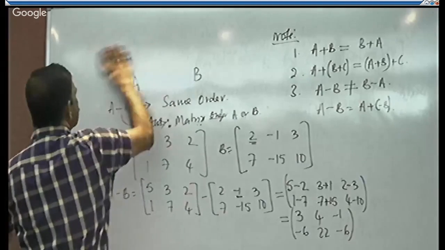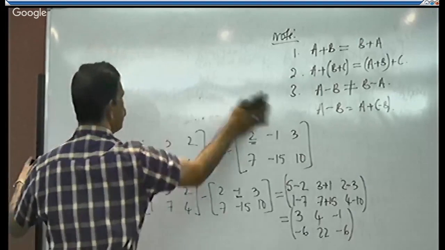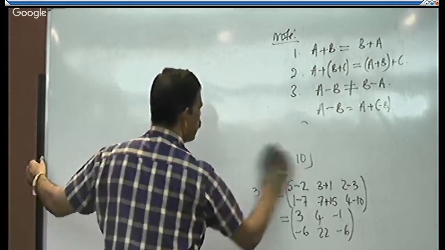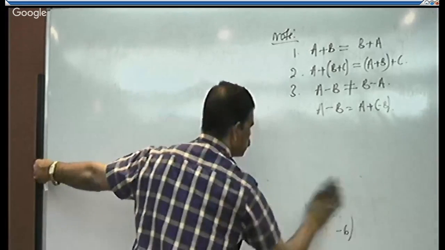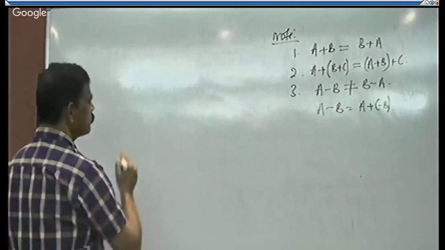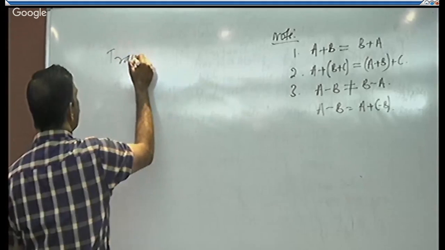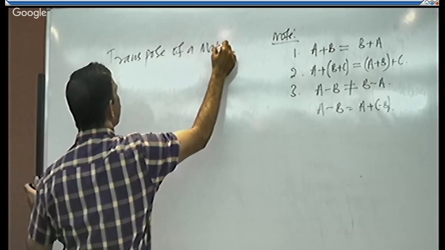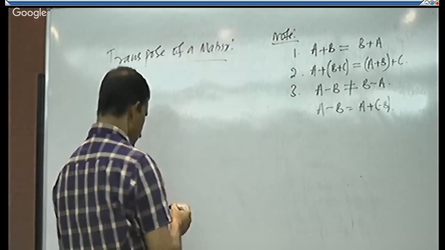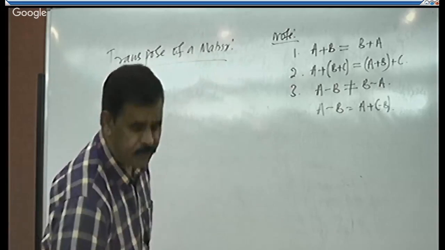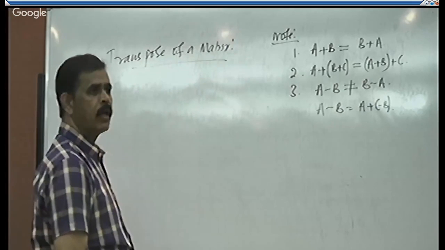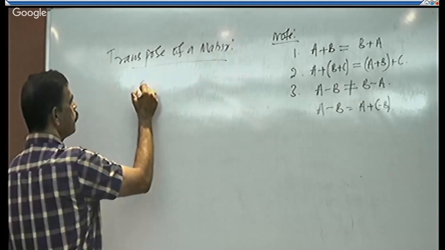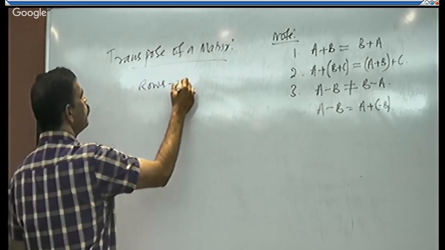Then let us move to another operation: transpose of a matrix. Transpose of a matrix is nothing but changing rows into columns or columns into rows.